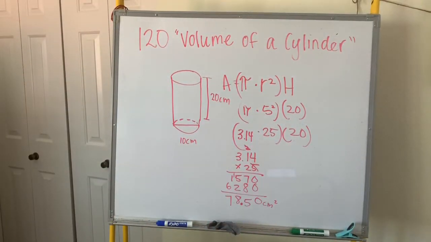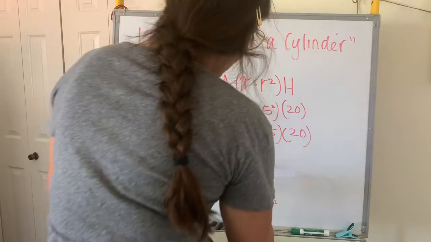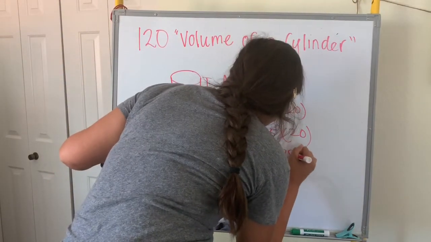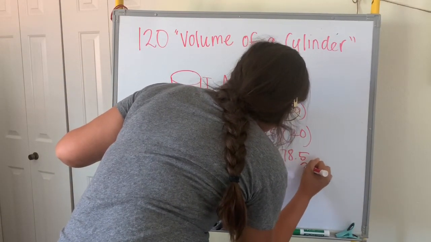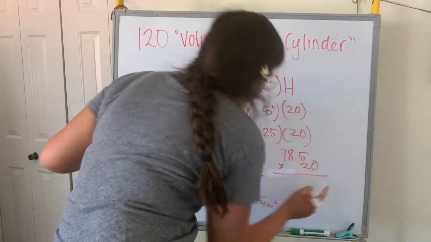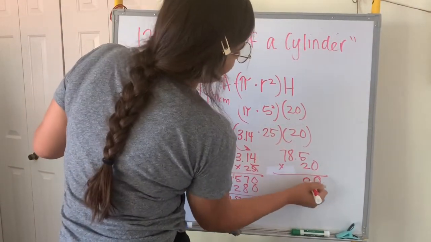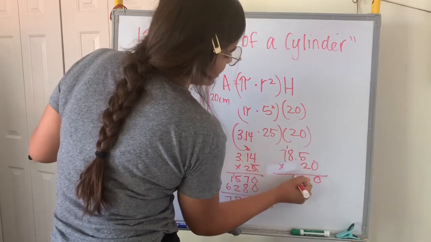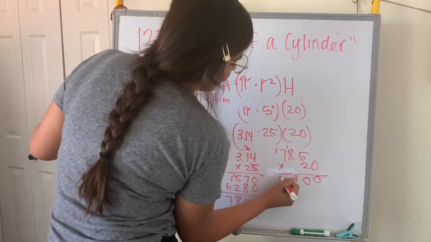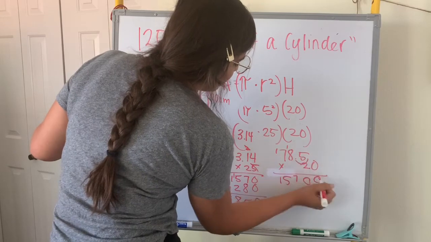If you did that multiplication, you should get 78.5 times 20. So I'm going to plug it in. 78.5 times 20. I'm going to do the trick where you scoop the 0 over so then we can pull it down. 2 times 5 is 10, 16, 17, 14, 15. Moved over once.